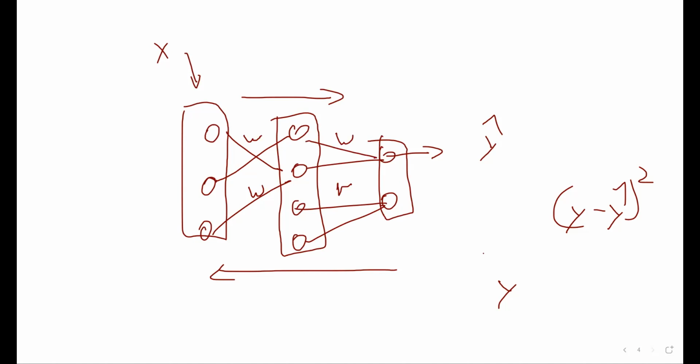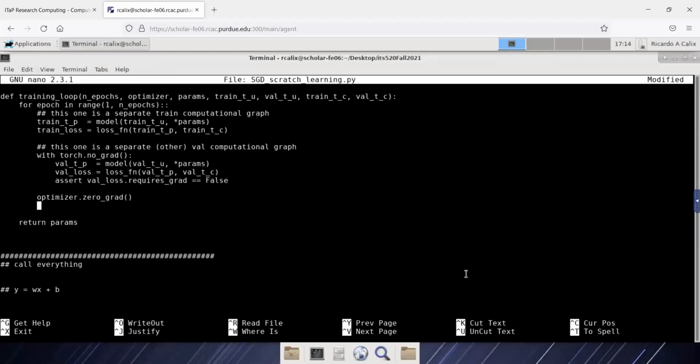And now we go back to the script. Here we're going to say train loss. Notice we only do this for train because we also have val loss, but we're not doing it for val loss. So we only do it for train loss, and we say dot backward. In PyTorch, we literally have to say that I want you to do it in reverse. The back propagation is only done for the train loss.